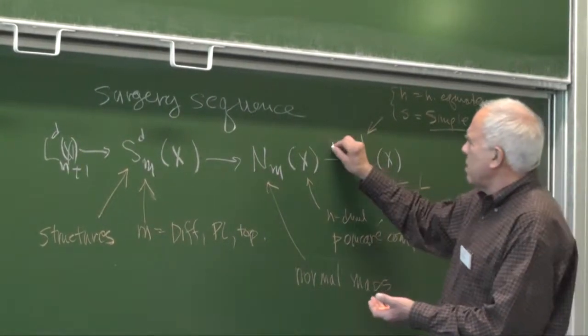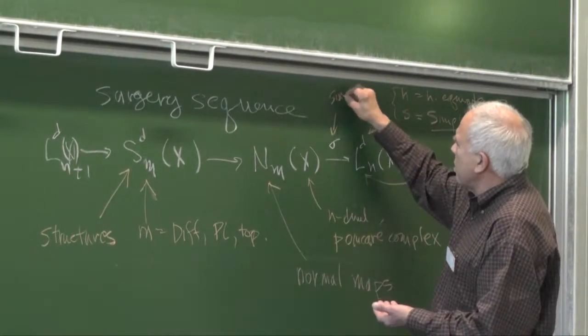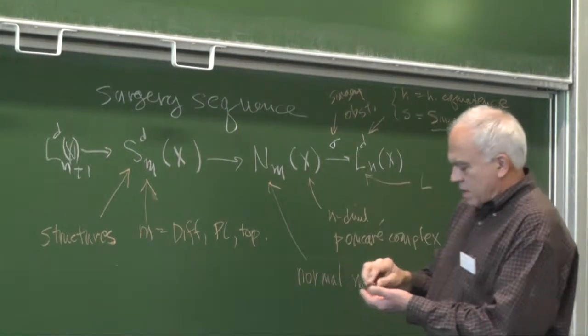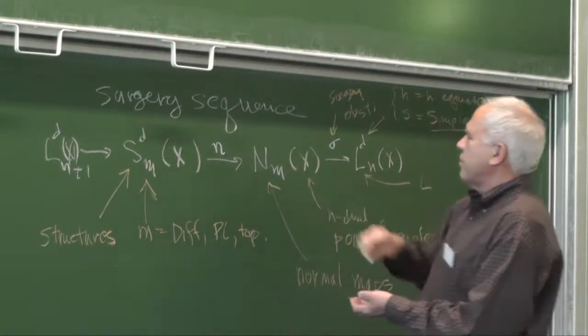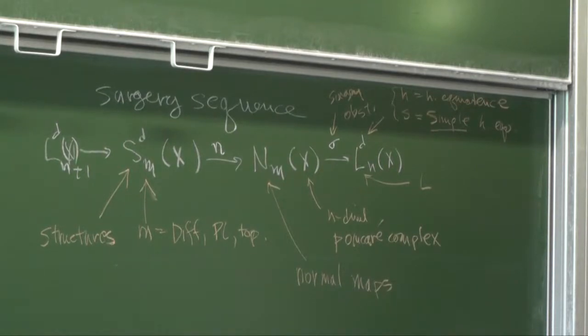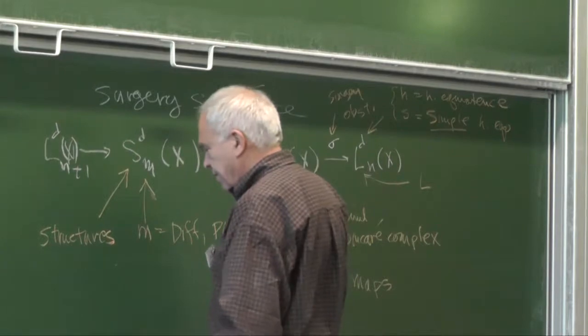So there's a sigma, the surgery obstruction, and then eta associates to a structure its normal map. This is an exact sequence of sets.